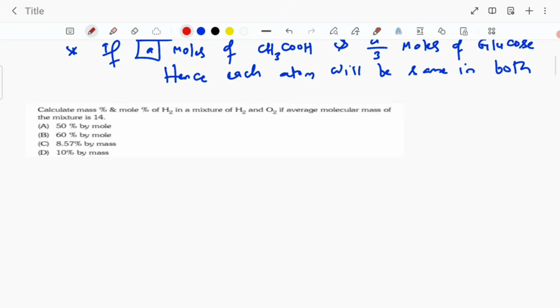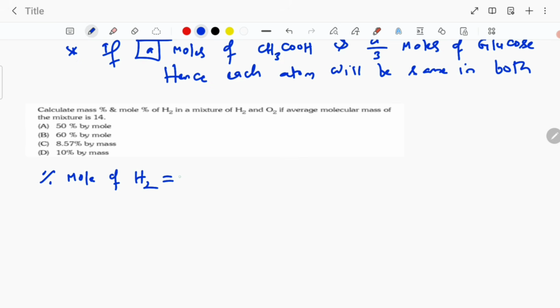Next, calculate percentage mole and percentage of hydrogen in mixture of H2 and O2 if average molecular mass of mixture is 14. So here how do we need to proceed further? See, first I am calculating percentage mole of H2.